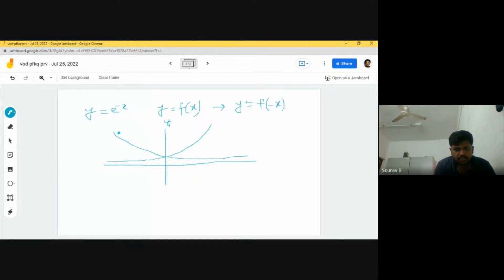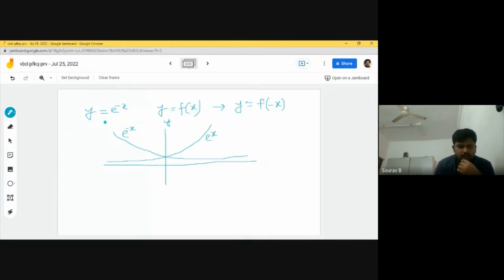So if this is y equal to e to the power x, then it is e to the power minus x, and I can prove it from the range. This is also a monotonic function, but it is monotonically decreasing. So I will find the global maxima at minus infinity. The domain is minus infinity to infinity.